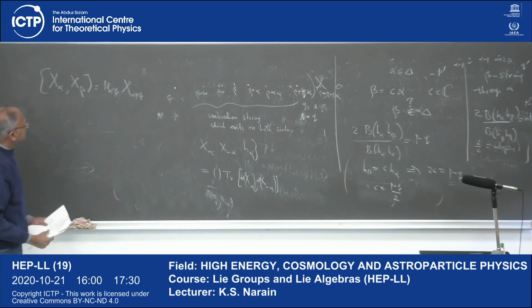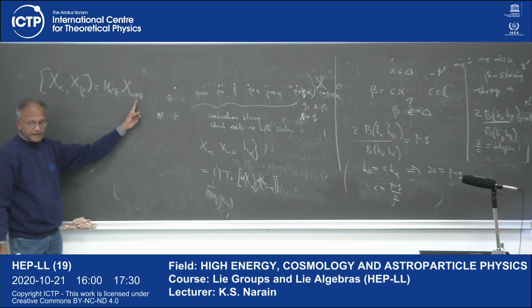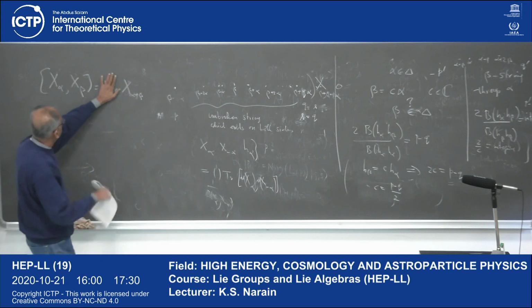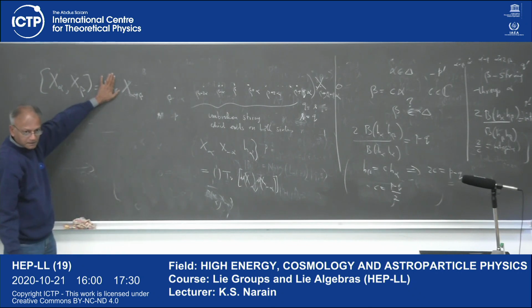But now the question is, could it be that for some particular roots alpha and beta, even though alpha plus beta exists, maybe this coefficient is 0. All we can say is that this commutator must have an eigenvalue alpha plus beta, so it must be x alpha plus beta.